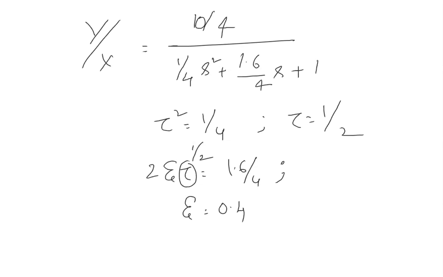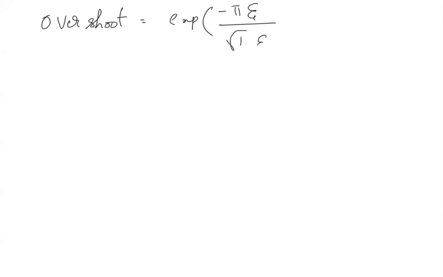Now calculate all the values. Overshoot is a formula, decay ratio. What is overshoot? Exponential of minus pi zeta by square root of 1 minus zeta square.